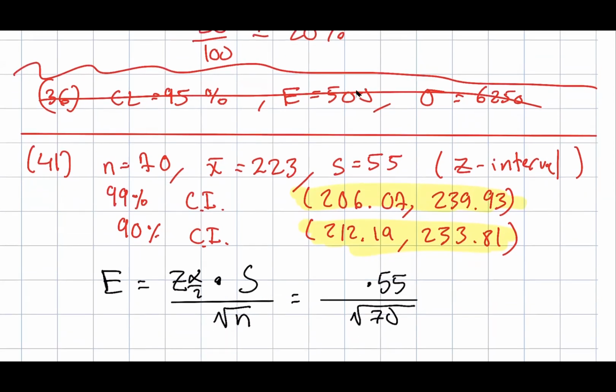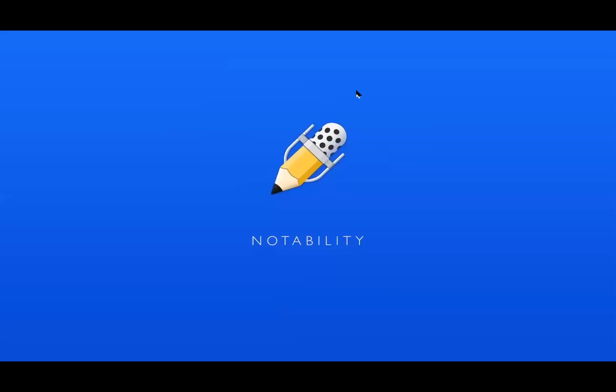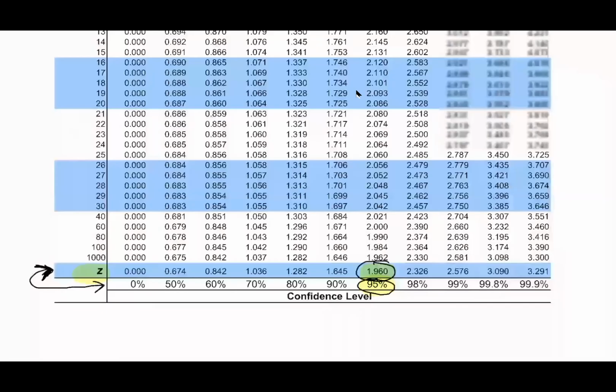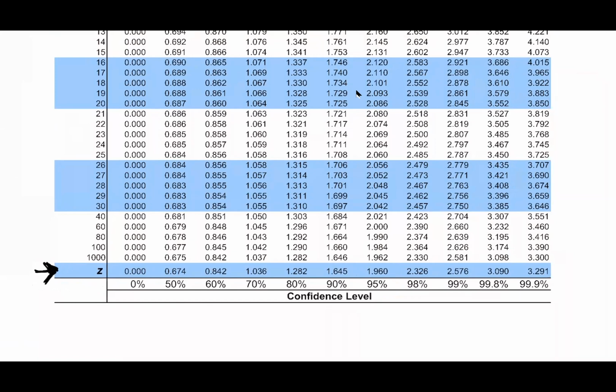I'm first going to do this for 99%. For 99%, you're going to use the table that I gave you. If you look right here, it says z value. So we want to look for confidence level 99%. Here's confidence level 99%, and right above it, it says 2.576.